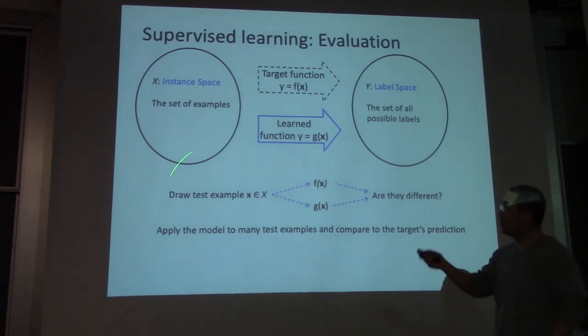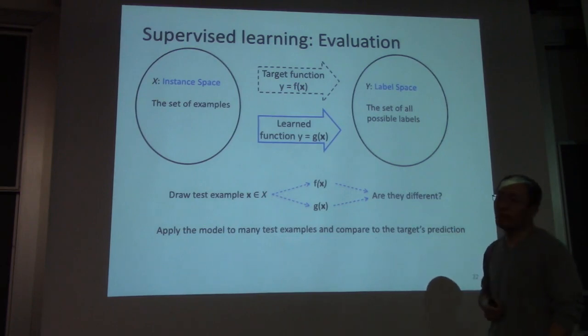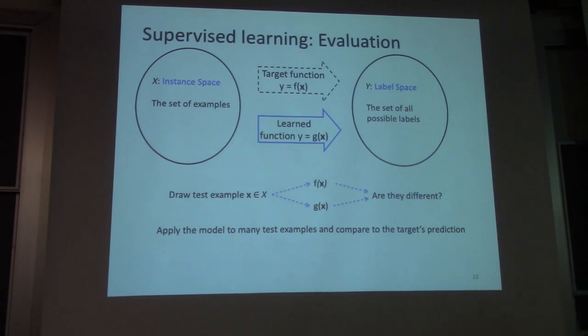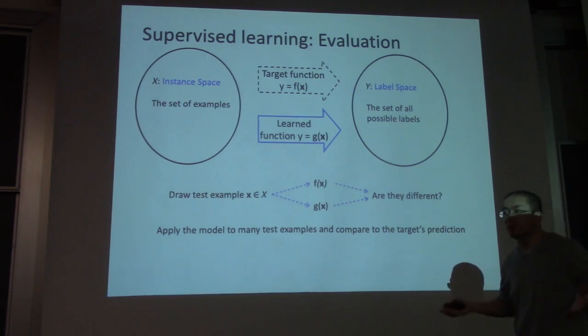Is it enough to use just one test example? No. Why? You don't really know how good it is in general. I know for one instance. Right. So actually, you should draw a lot of test examples. The more, the better.